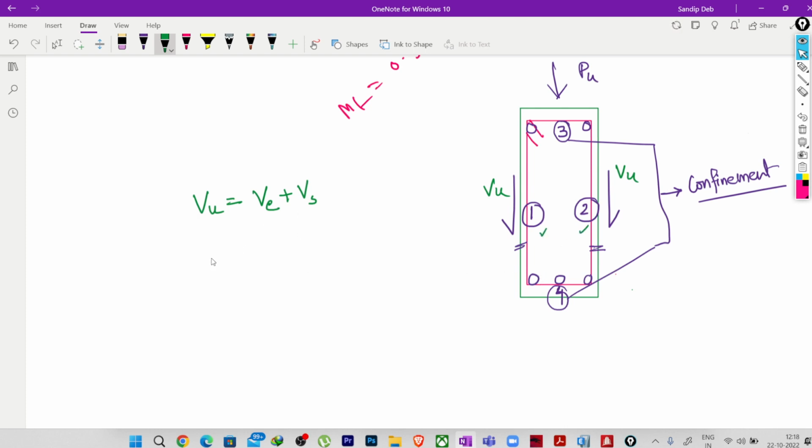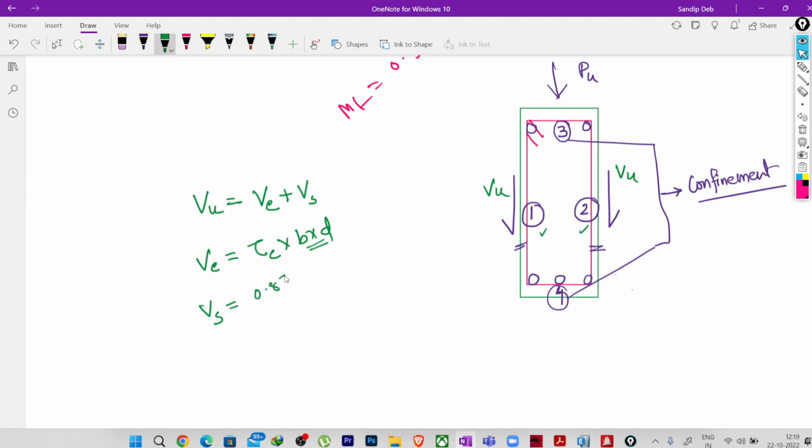So what is the amount of shear taken by concrete? It is tau c multiplied by b into d, the design shear stress multiplied by my section. We will get the shear capacity of concrete. And what is the shear taking capacity of steel? Can anyone tell me?